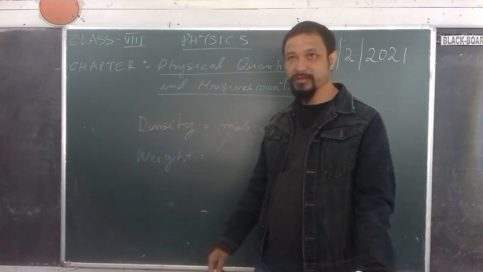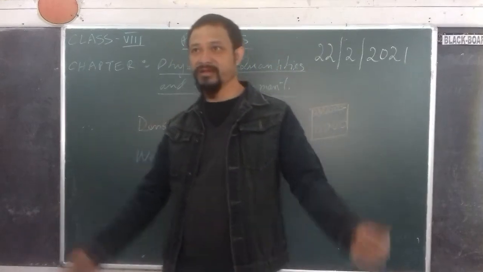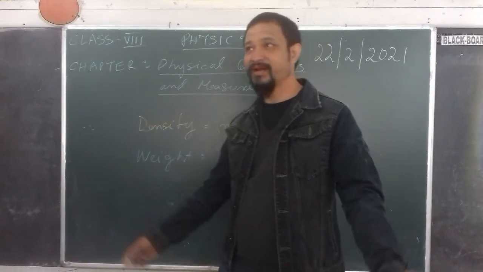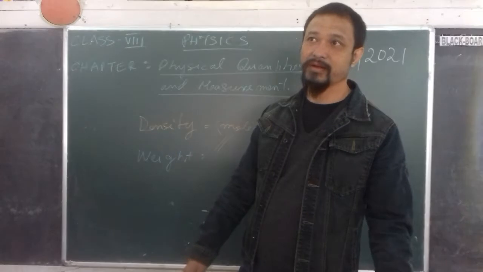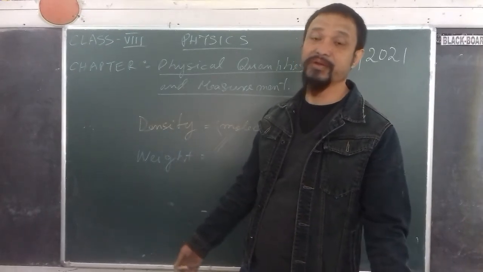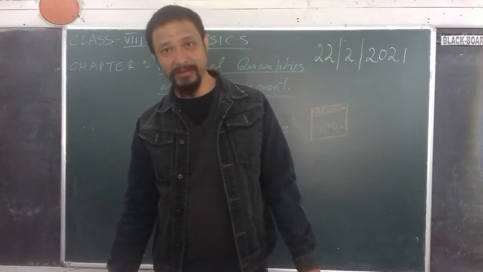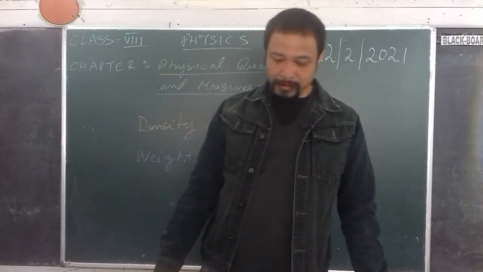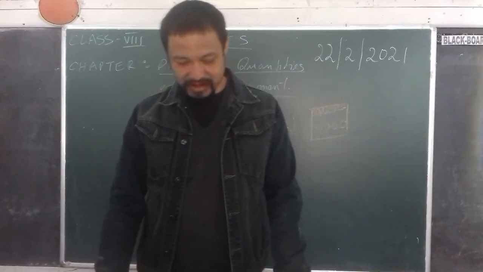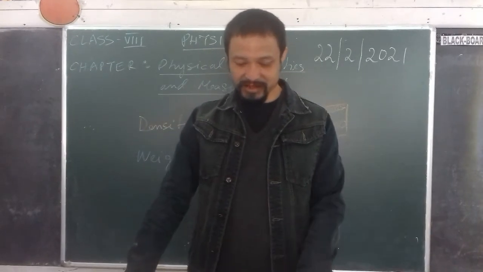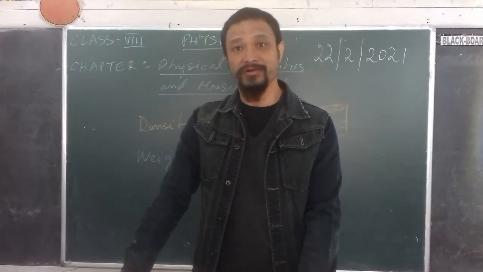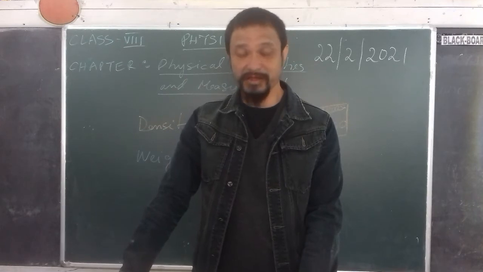More the molecules, more the weight. Lesser the molecules, lesser the weight. Like in a bus, if there are more people, the bus will be heavier. If there are fewer people, the bus will be lighter. Understood? So the lightness or heaviness of an object is directly related to its density. That's true. Density means molecules.